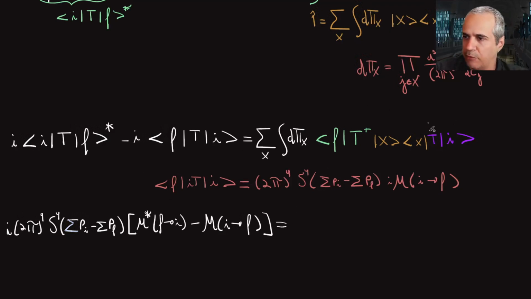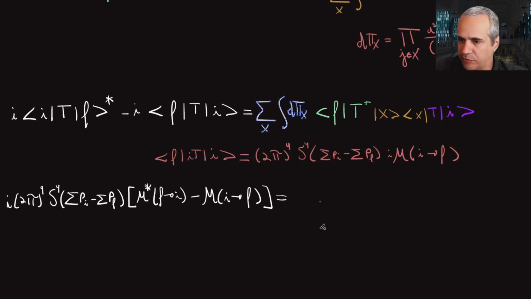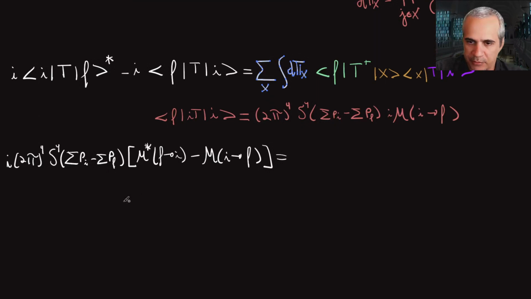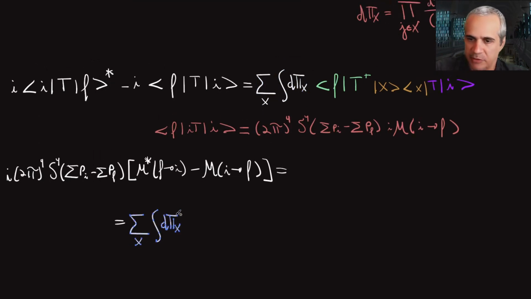And on the right-hand side, I have to do it for these two pieces, right? That won't fit there, so let me put it down here. Let me bring this guy here, just so we see stuff. So now for the green part here is 2 pi to the fourth, delta 4. Now the sum is over the final momenta and the x, the sum over all the momenta in the state x.